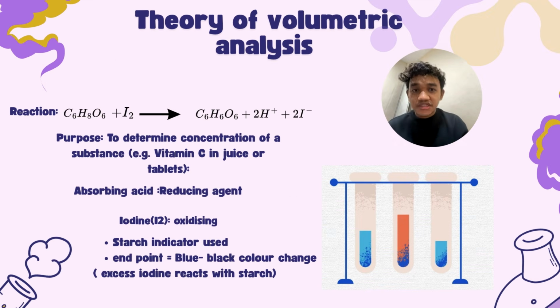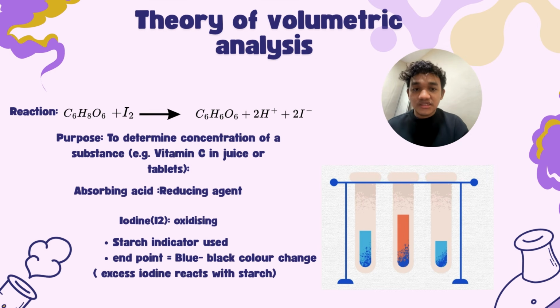This slide shows the redox reaction between ascorbic acid, which is vitamin C, and iodine. The chemical equation is ascorbic acid plus iodine produces dehydroascorbic acid plus hydrogen ions and iodide ions.